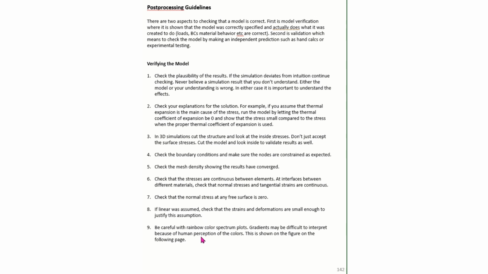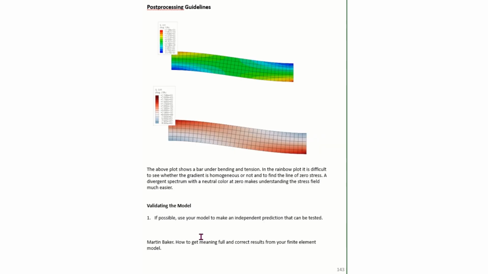And be careful with rainbow color spectrum plots. Gradients may be difficult to interpret because of human perception of the colors. An example of this is shown on this page here. The above plot shows a bar under bending and tension. In the rainbow plot, it is difficult to see whether the gradient is homogeneous or not and to find the line of 0 stress.